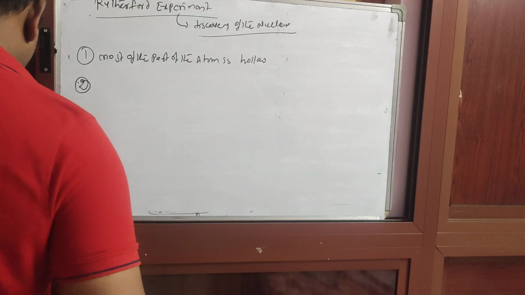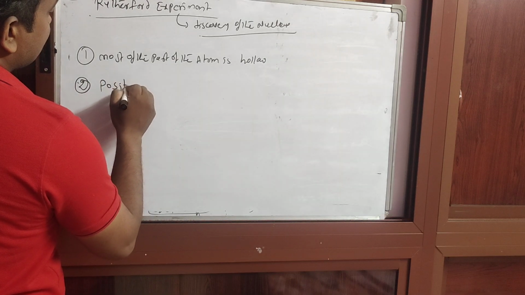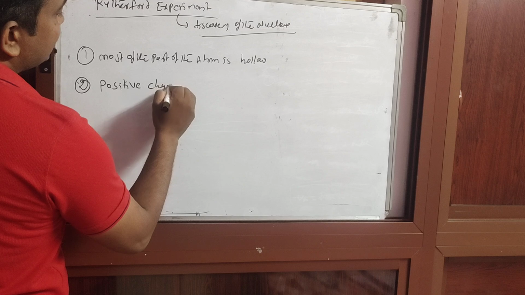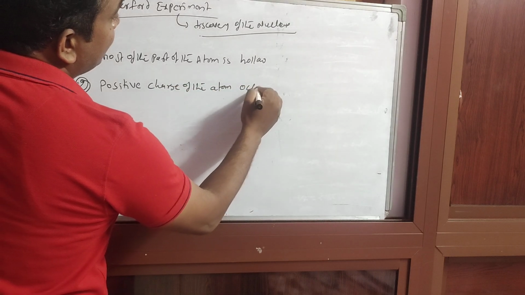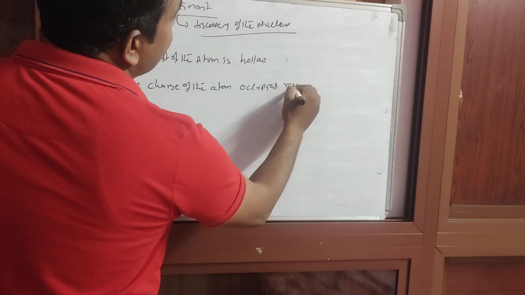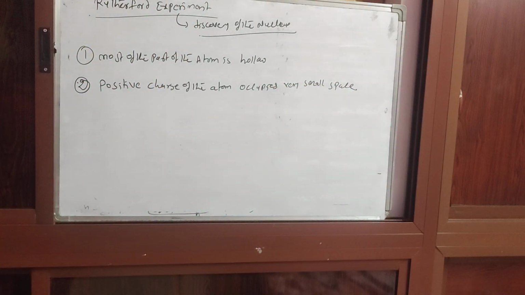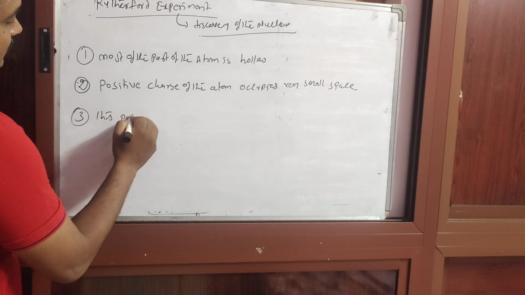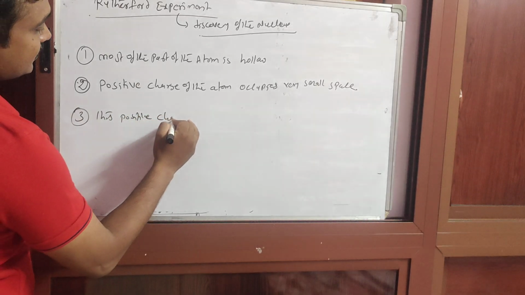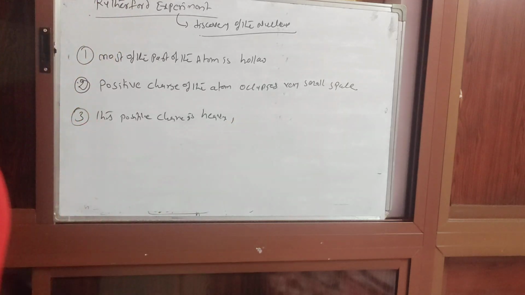The positive charge of the atom occupies a very small space. Most of the part of the atom is hollow, and the positive charge of the atom is heavy.